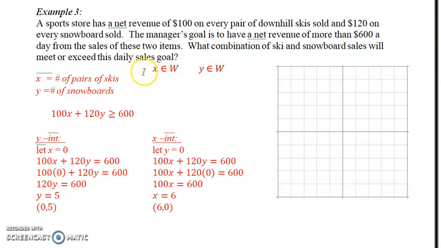You can have 0, but you can't have negative. So those are basically the restrictions on the variable.